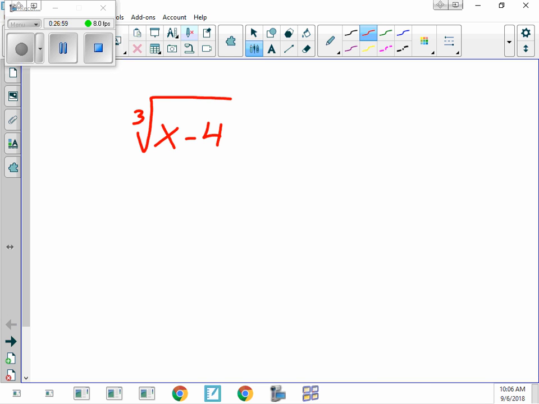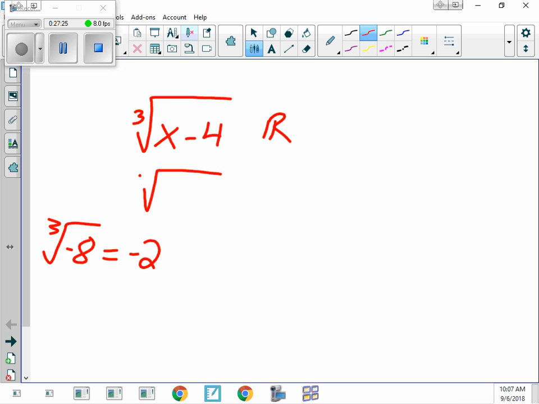No. Right? If I had the cubed root of negative 8, does that number exist? Yeah, the answer is negative 2. Why does that one work, but the square root of negative 8 doesn't? Right. Two negatives make a positive, but 3 make a negative. So this one is all real numbers.